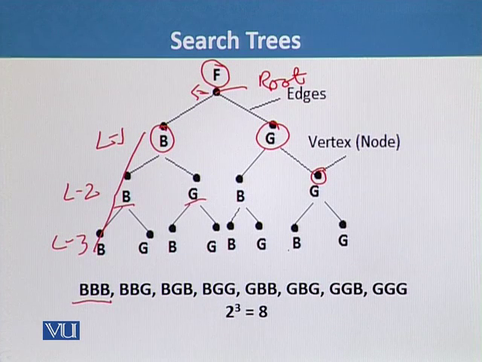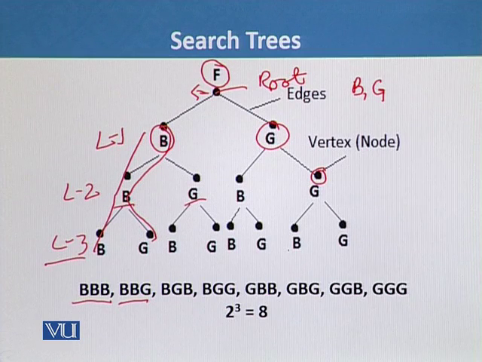The second possibility is that this boy gives rise to a boy and a girl, BBG, and so on. We have only two possibilities, either B or G, and we have three levels of the tree.